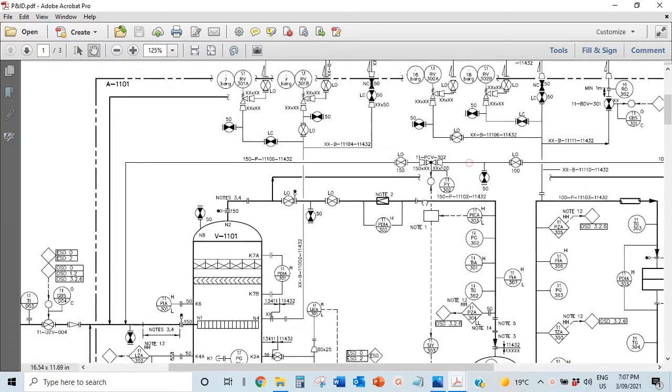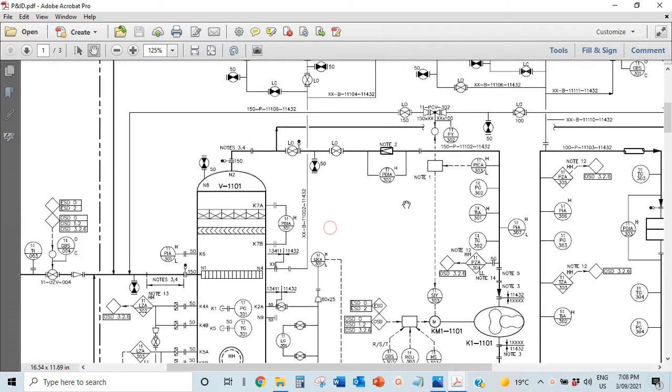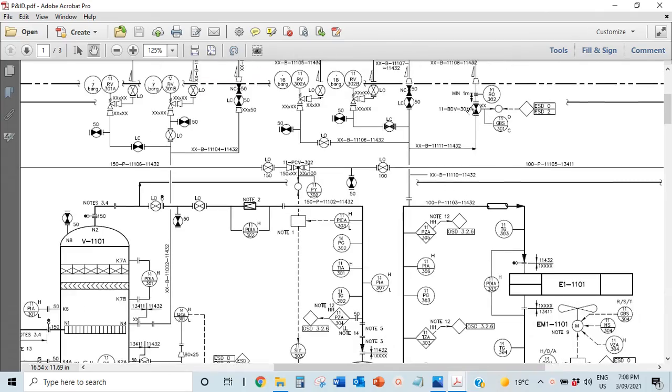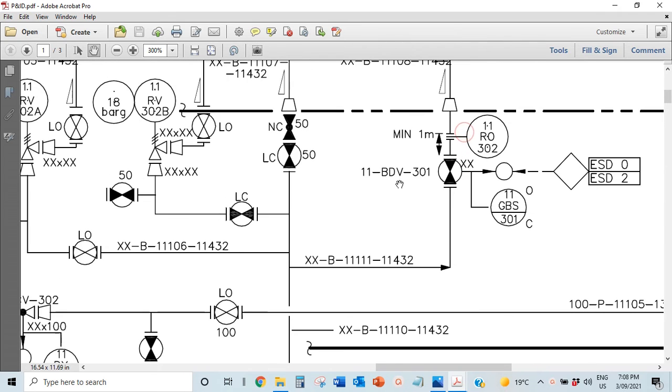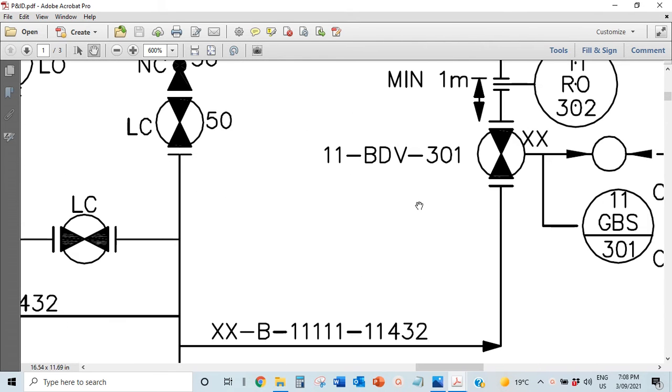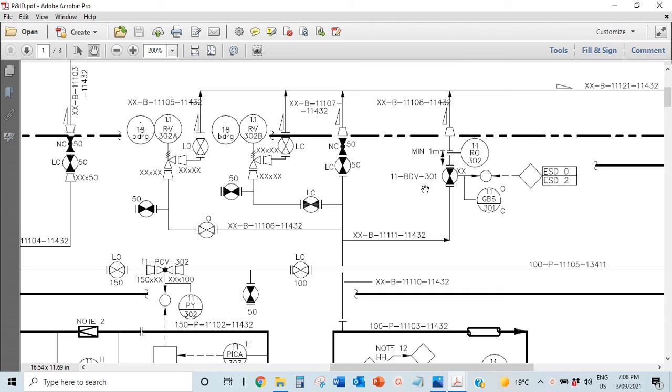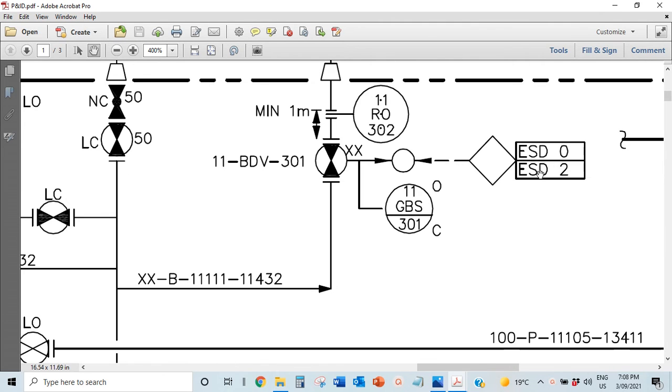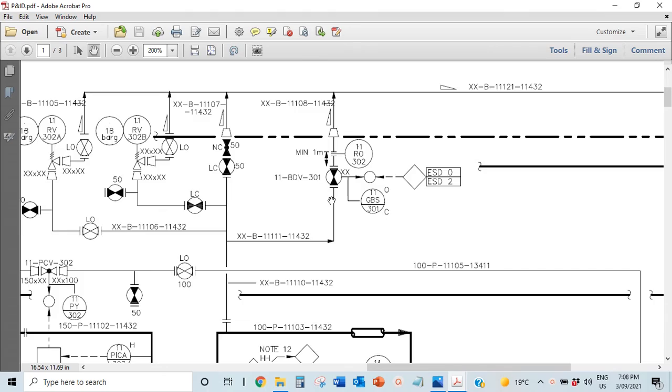And then the second thing that I want to talk about is your blowdown. This is what you call BDV, a blowdown valve. These valves are connected to your shutdown too, but these don't close. These open up when there's a shutdown, especially when it's involving a fire.